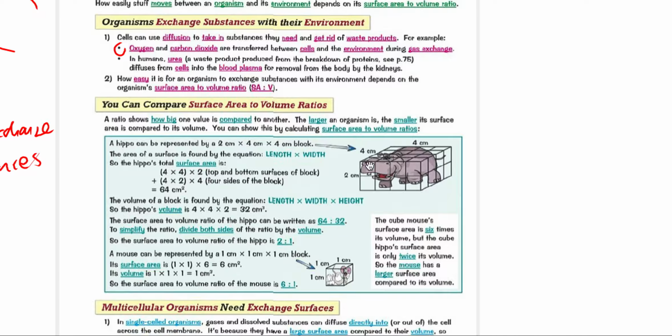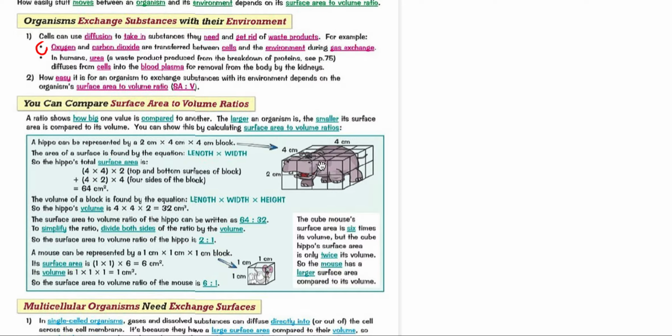If we look at the mathematics, here is an example where we can compare the surface area to volume ratio. It's really important that you understand the difference between surface area and volume when you're calculating them. Here we have a rhinoceros that is essentially reduced down to a cuboid of 2 centimeters, 4 centimeters, and 4 centimeters.